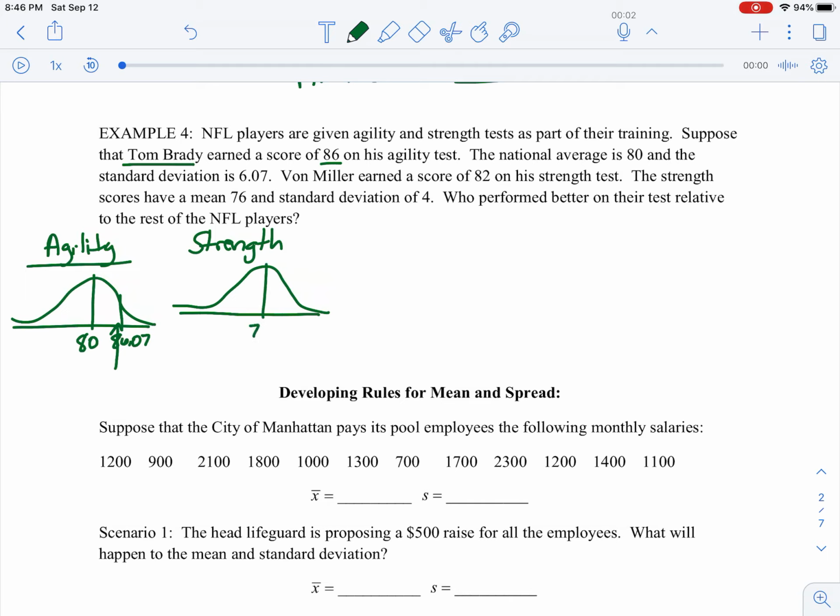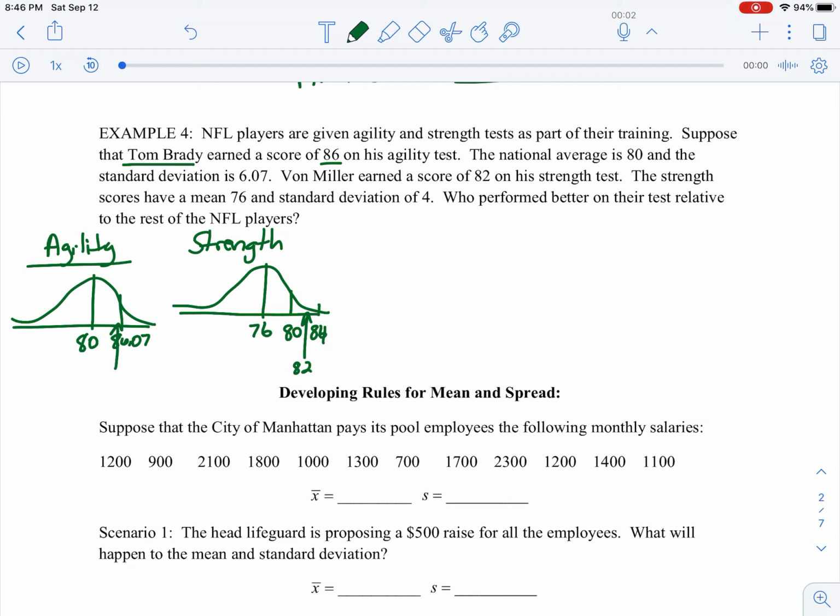The average NFL player's strength is 76, so one standard deviation is going to give me an 80. The next standard deviation is going to give me an 84. Von Miller scored an 82. So there's Von Miller's 82.